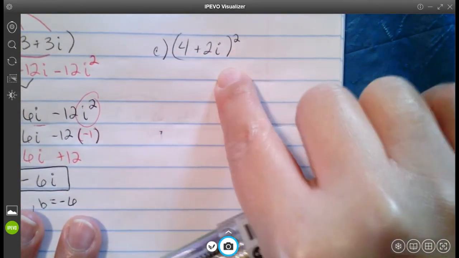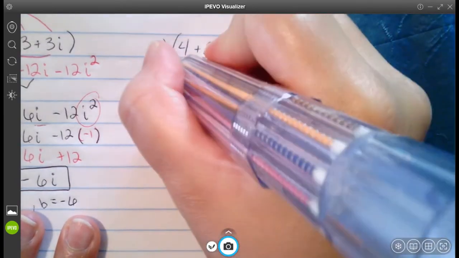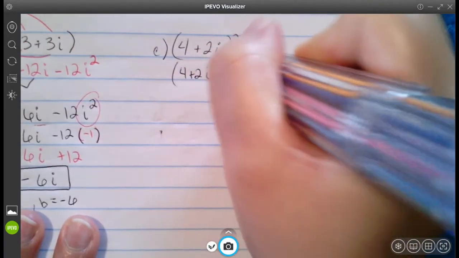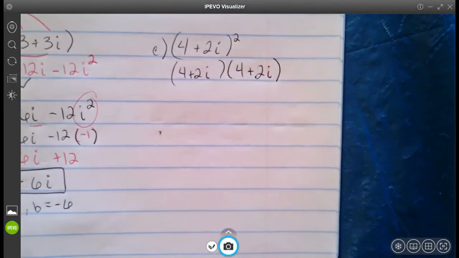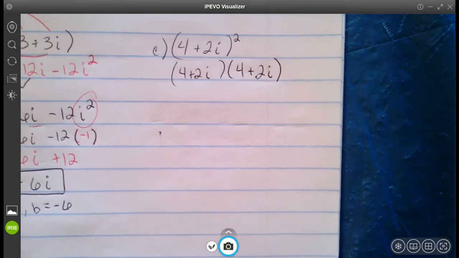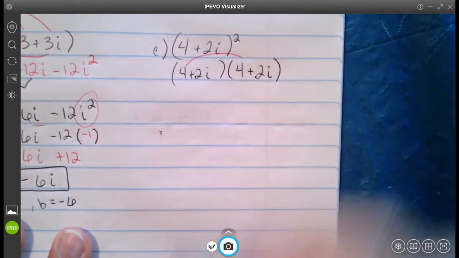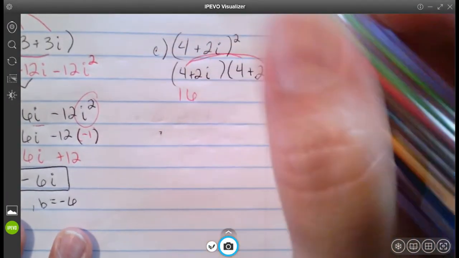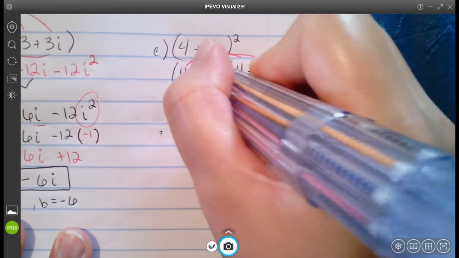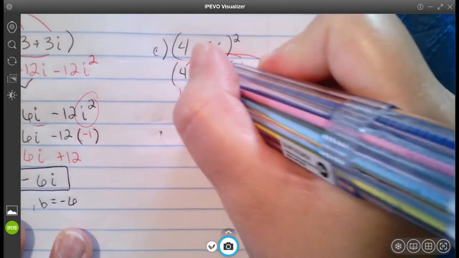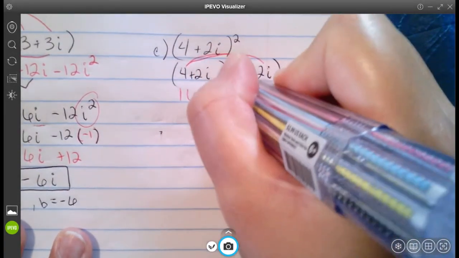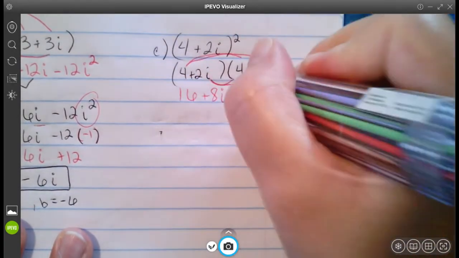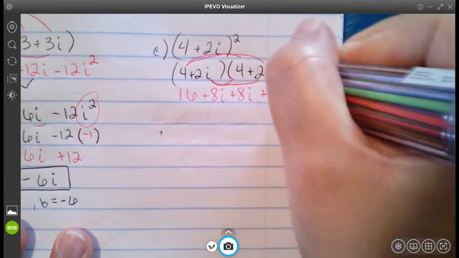All we're going to do is expand this because the little 2 means that there's 2 of them. So 4 plus 2i times 4 plus 2i. Okay, and it's the same process, so we're going to go ahead and FOIL. 4 times 4 is 16. 4 times 2i is plus 8i. 2i times 4 is also 8i. 2i times 2i is plus 4i squared.